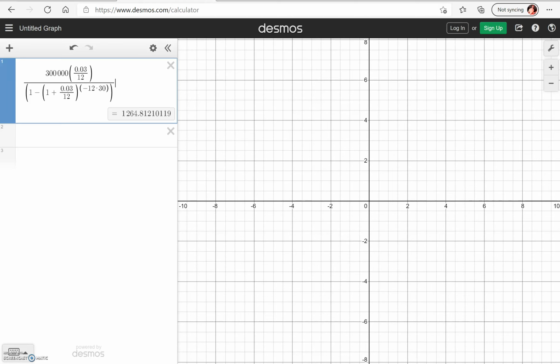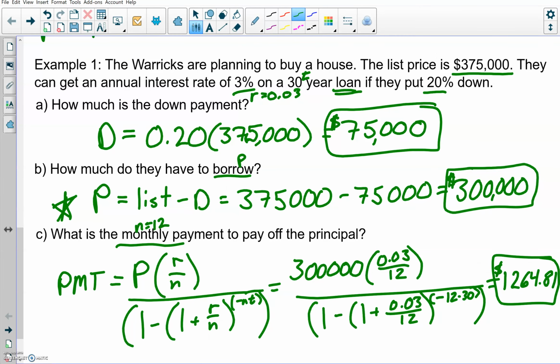And as long as you keep that in mind and do that, you will get the right answer on these. The calculation of this is, if I'm in face-to-face classes, these are the ones where I'm walking around the room and a third of the class is having issues typing it in just because of parentheses and everything. So just be real careful with that. You got to be precise, and you'll get the right answer.